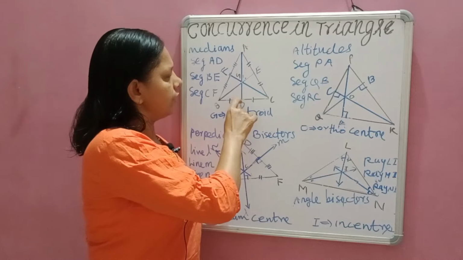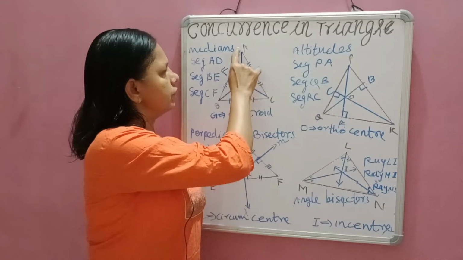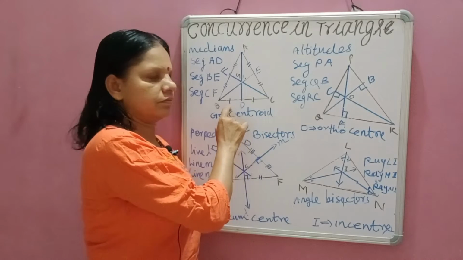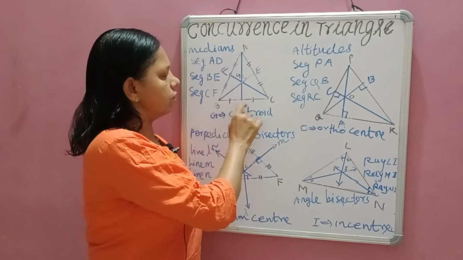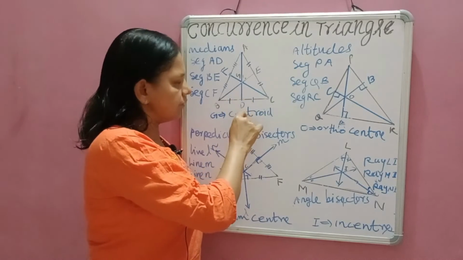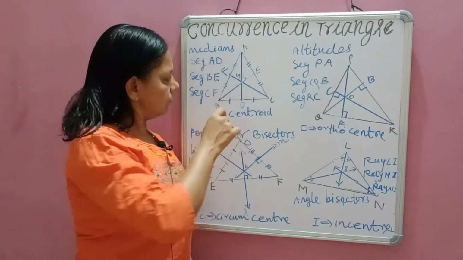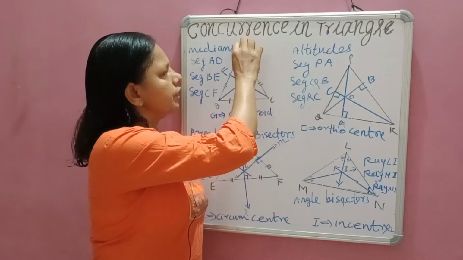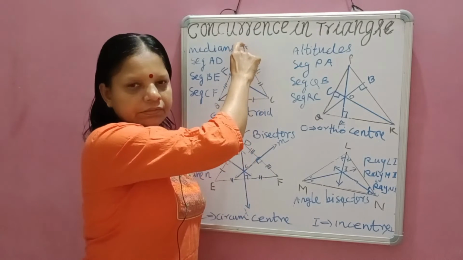See one endpoint of the segment AD, D. See the identical marks. Means BD is congruent to DC, or D is the midpoint of side BC. Which is the other endpoint? The opposite vertex.